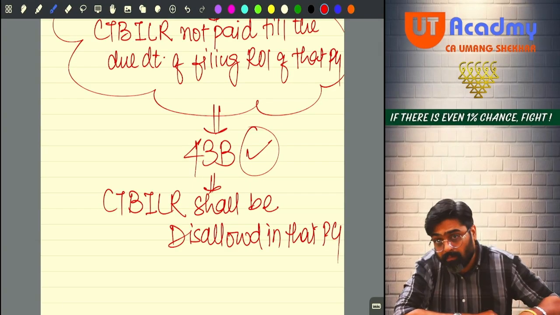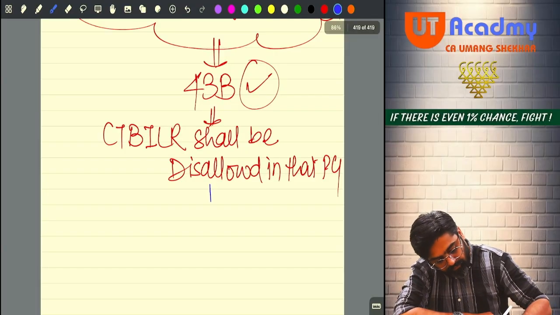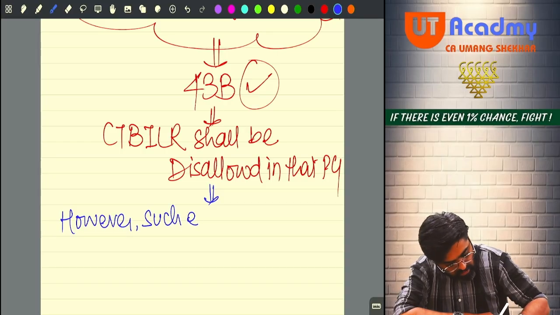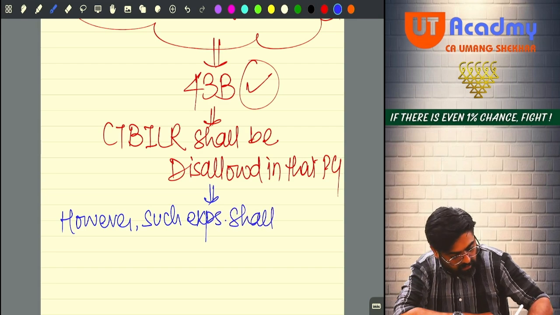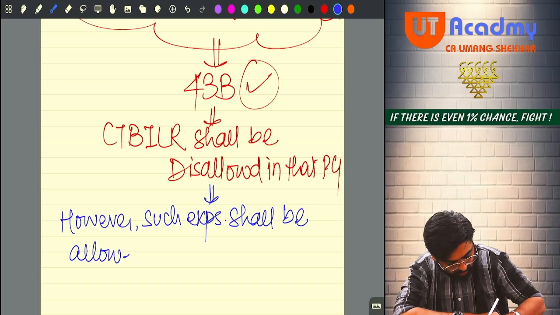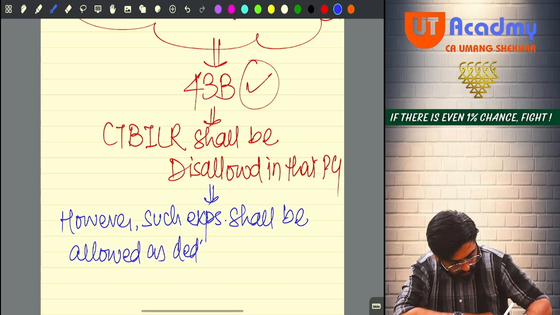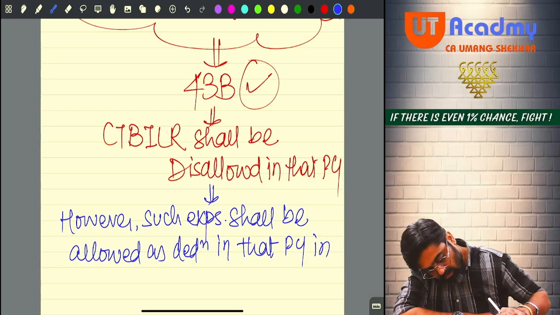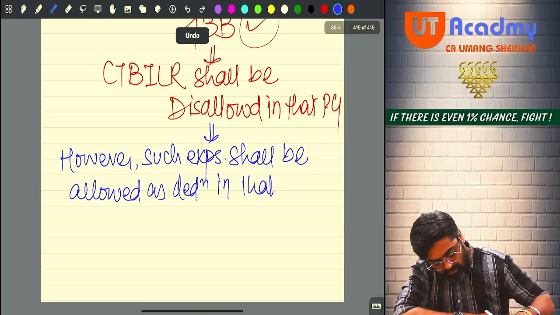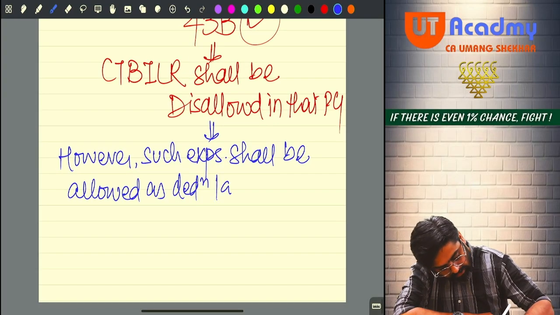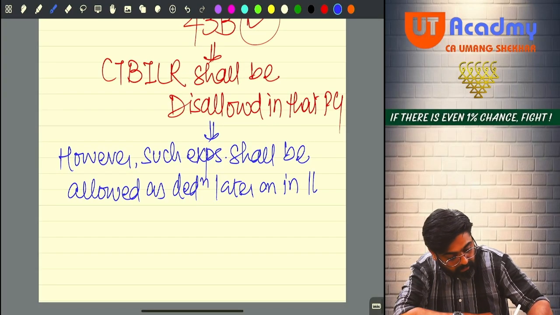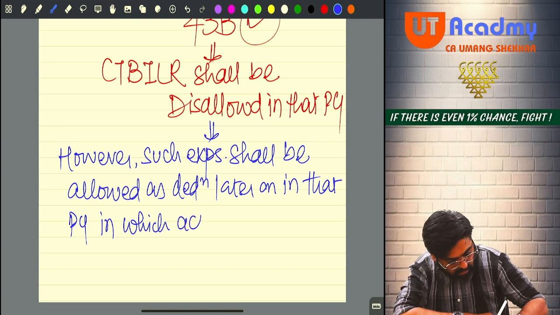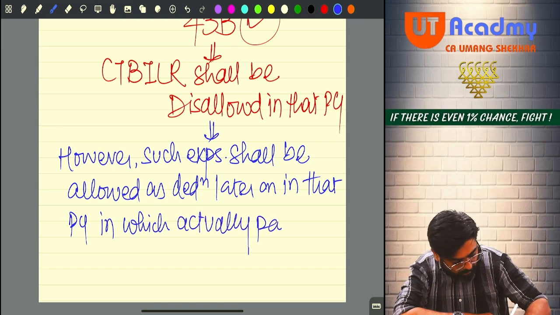43B over. But wait, they are saying, however, such expenses shall be allowed as a deduction later on in that previous year in which actually paid.